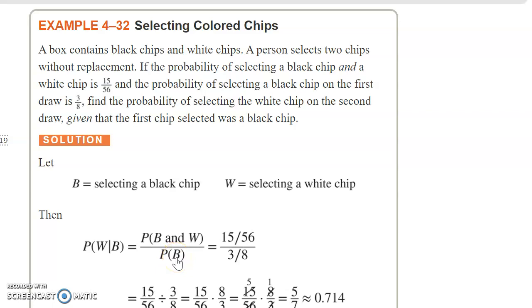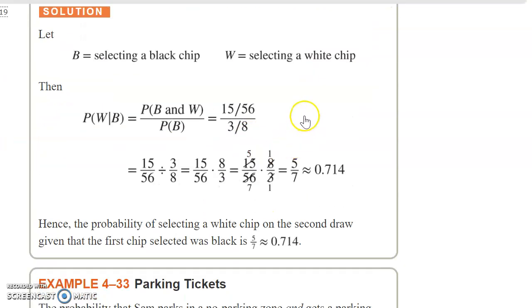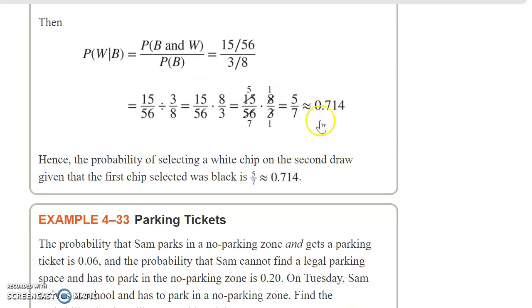That's easy peasy, right? You're assuming that you already picked the black. That's part of the problem. So that's in the denominator. In the numerator is the probability that you get a black and a white chip. And that is given to you right here. They give that information to you. They're just trying to get you to understand the concept here.